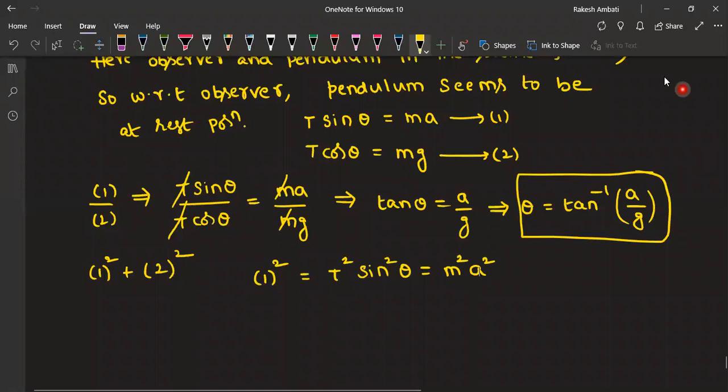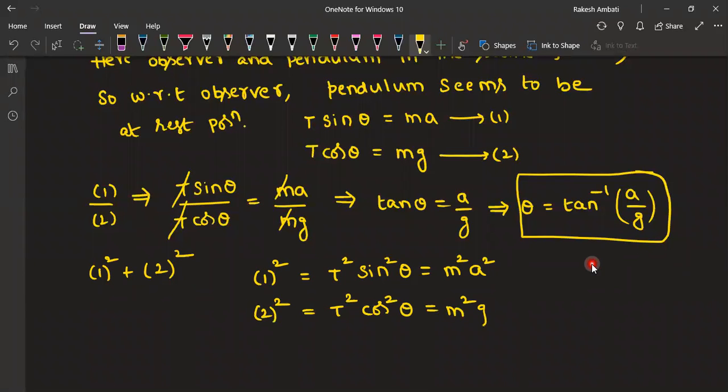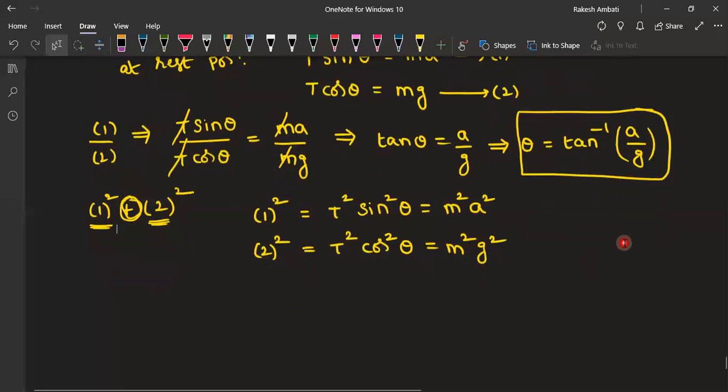In the same way, squaring equation 2, we get T square cos square theta equals m square g square. Next we have to add both equations.